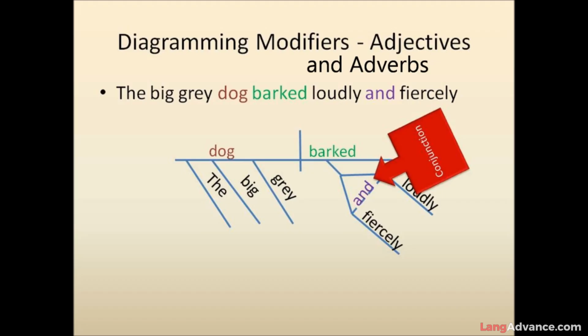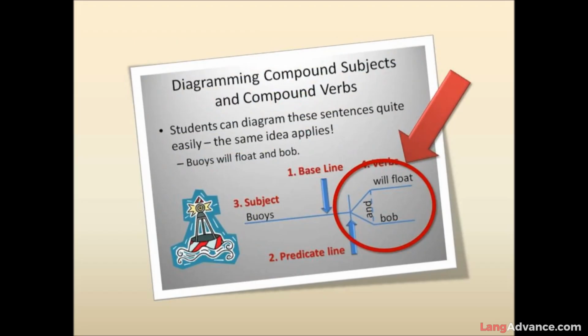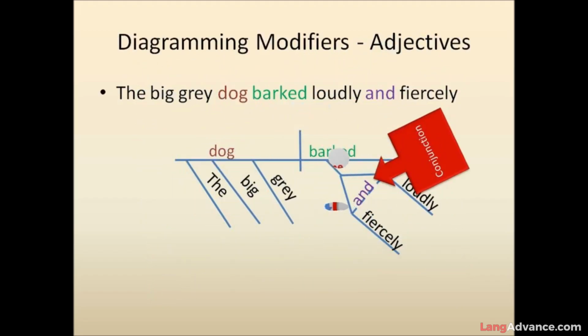Some students like to think of this compound construction like a house or like a rocket ship. We've seen it before, for example, when you took a look at how it looked for a compound subject or a compound verb. But in this instance, it's simply the compound adverb.